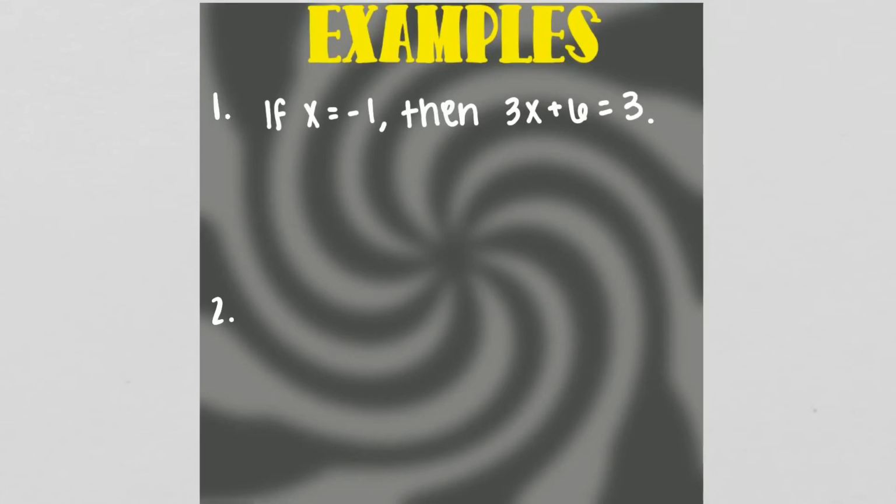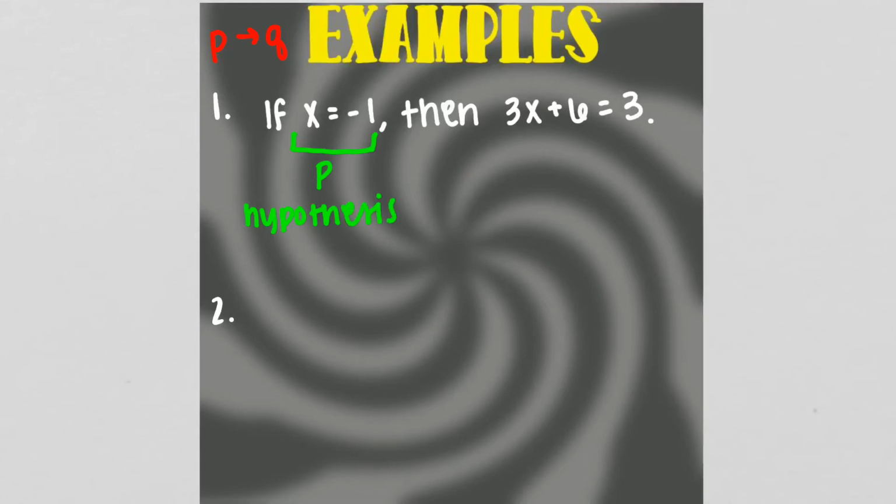Remember, conditional statements are written P arrow Q, which is if P, then Q. So the hypothesis comes right after the word if. In this first statement, x equals -1 is what comes right after if, so that's the P, or the hypothesis.